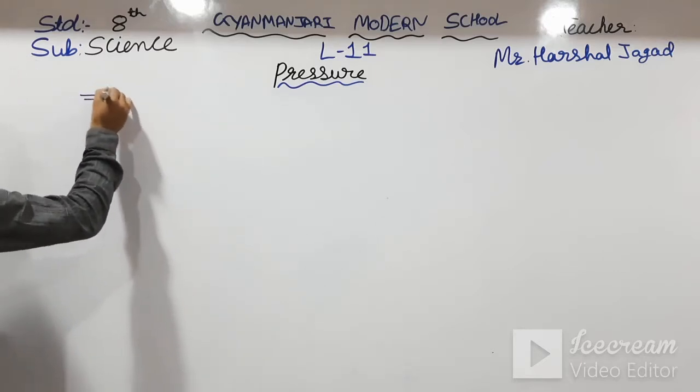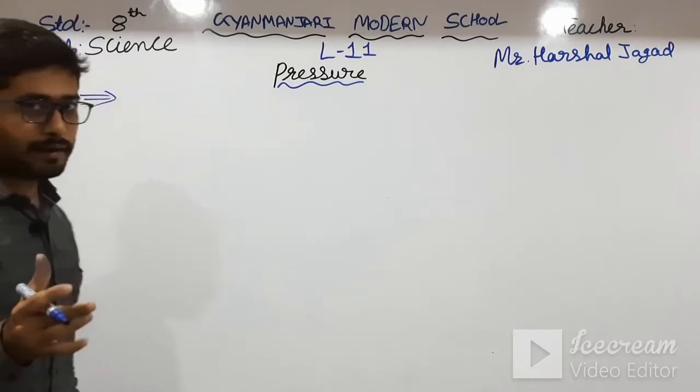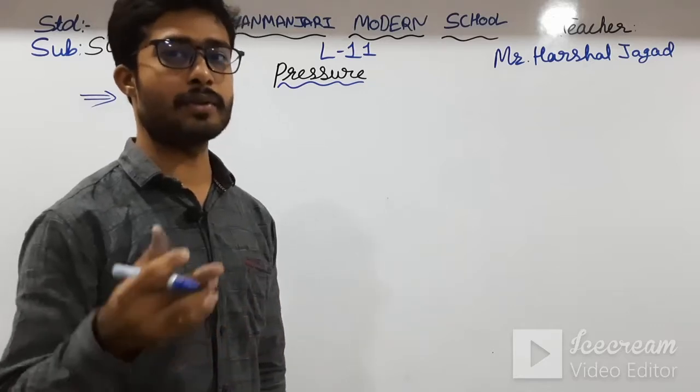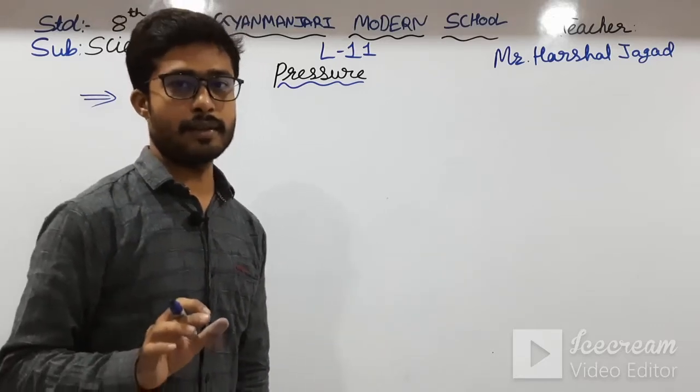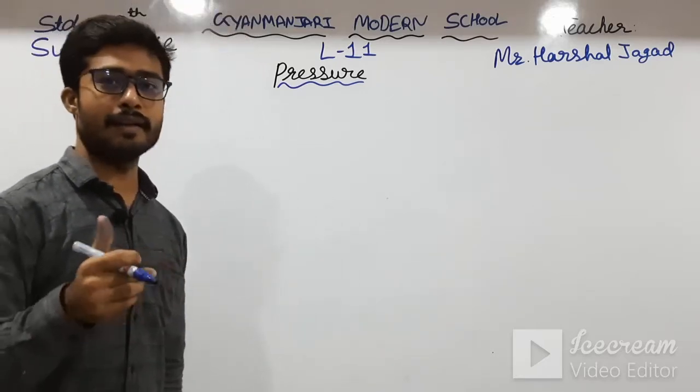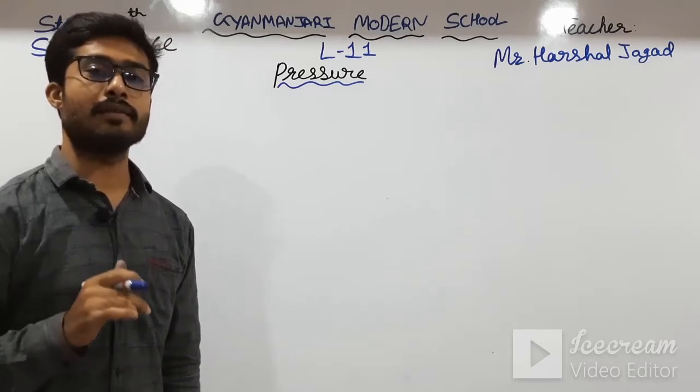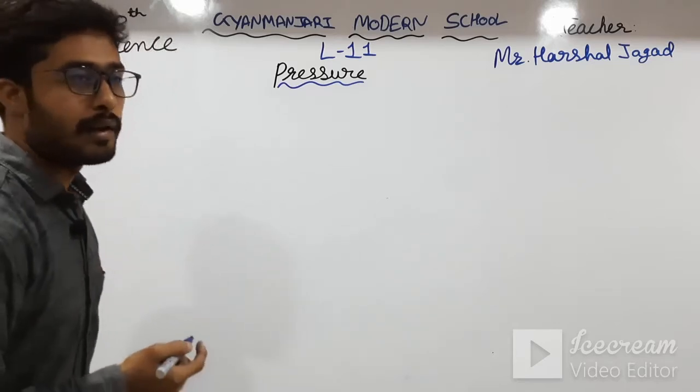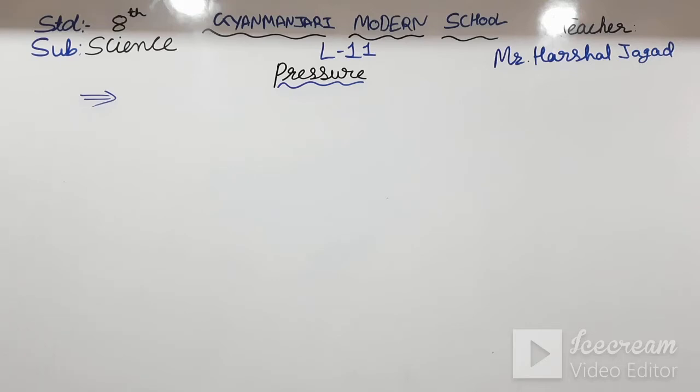What was that? Can anybody tell me, students? I can't listen here, but you can also speak there. If it is right then it's good, and if it is wrong then you should learn it. What is the definition of pressure?